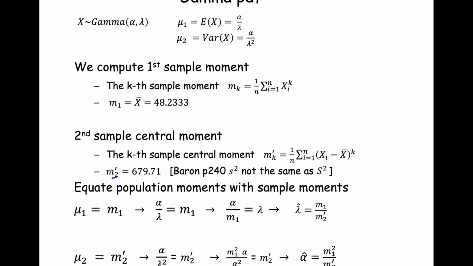Okay. So it just so happens then this lambda hat is computed from samples of the data, and this alpha hat is also computed from samples of the data, so we can literally substitute this lambda hat for the lambda and this alpha hat for the alpha. So once we get our samples, our measurements, we compute M1, we compute M2 prime, and we calculate in this fashion what our lambda hat would be and what our alpha hat would be.